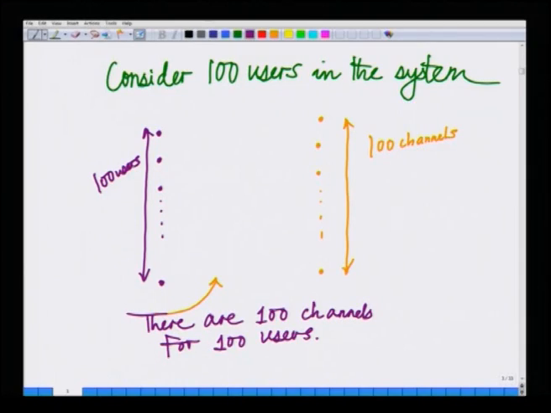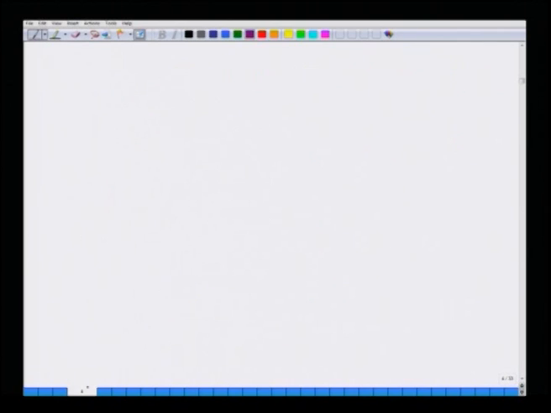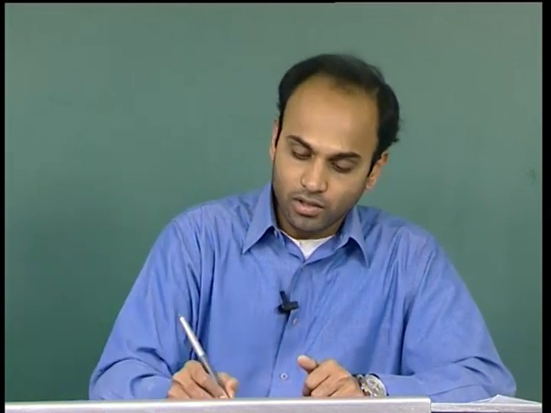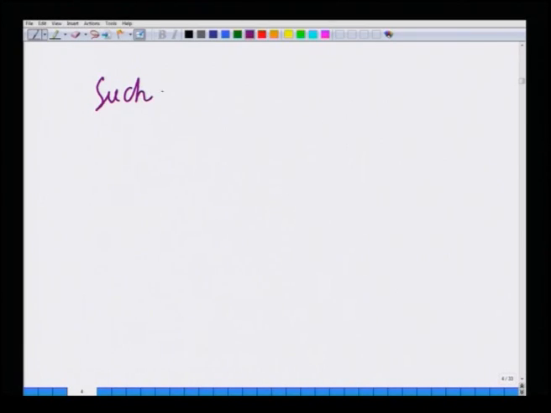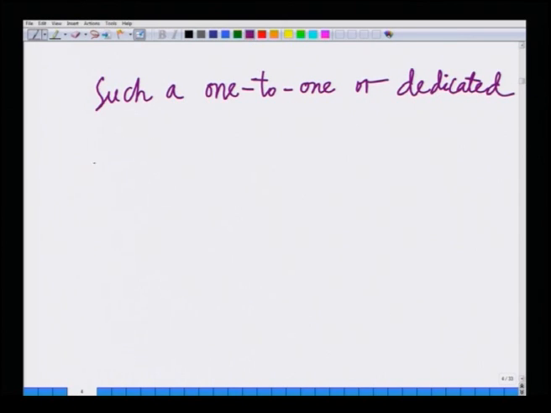Such a fixed, dedicated, one-to-one channel allocation results in wastage of resources.